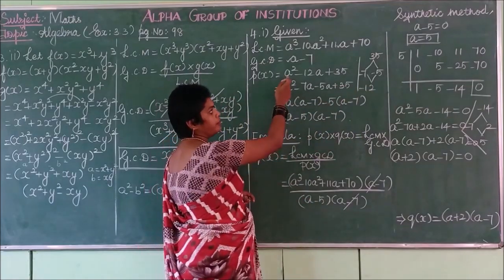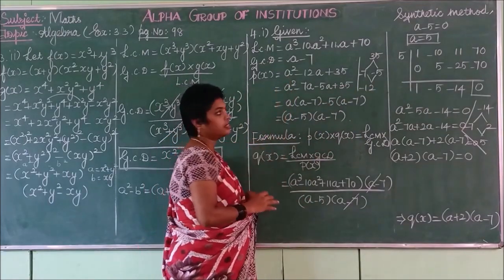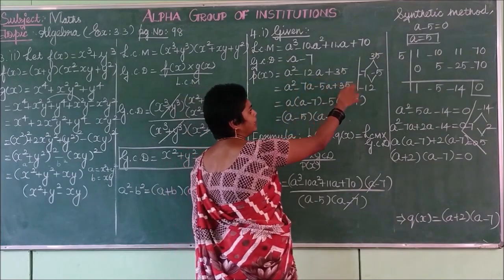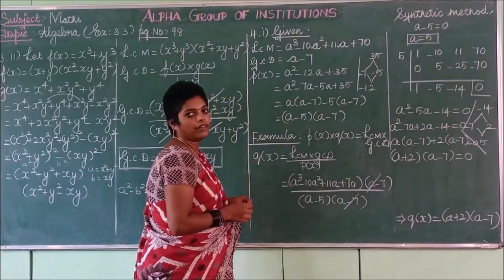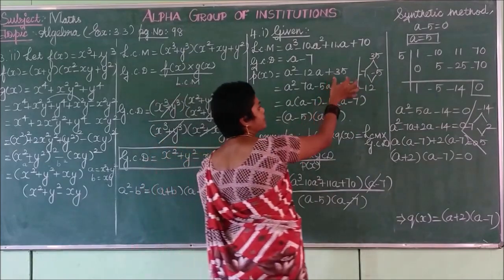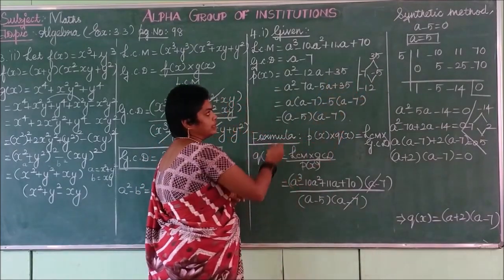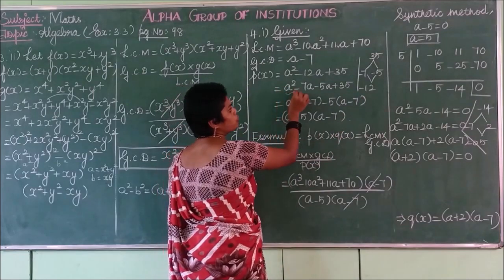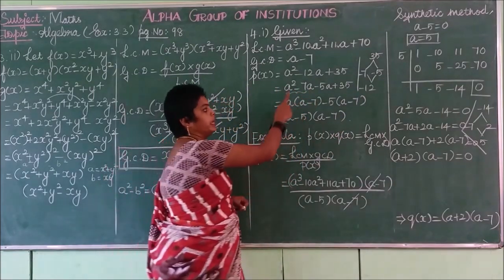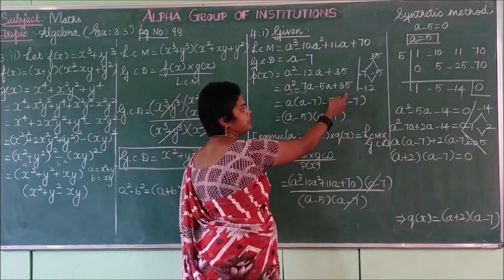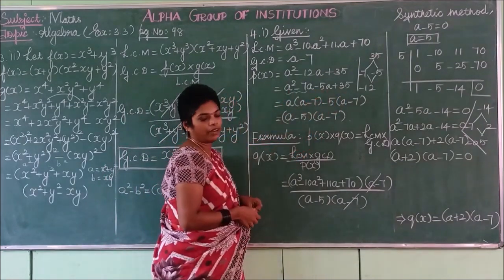So first of all, you write that a square as it is. This minus 12a can be rewritten as minus 7a minus 5a, plus 35. Now look at this. From these two terms you can take a as common. What are the remaining terms? A minus 7. From these two terms you can take minus 5 as common.